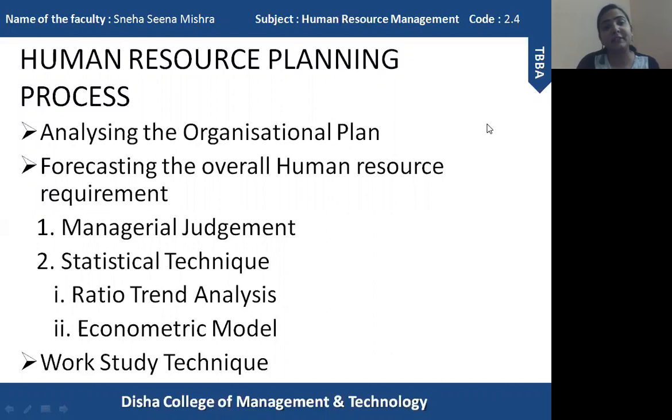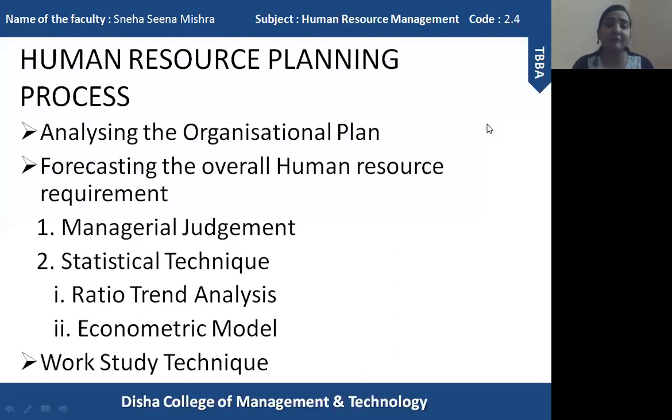See, each and every department has a certain requirement of human resource, and that requirement can be understood by understanding the workload or activities which a unit is supposed to execute, or which a particular unit is supposed to do in the department.